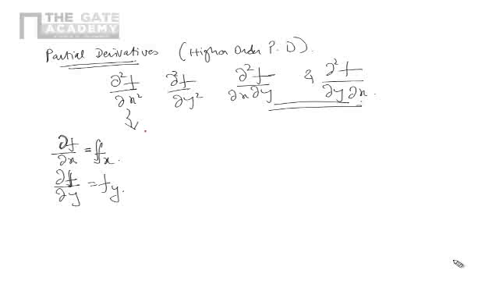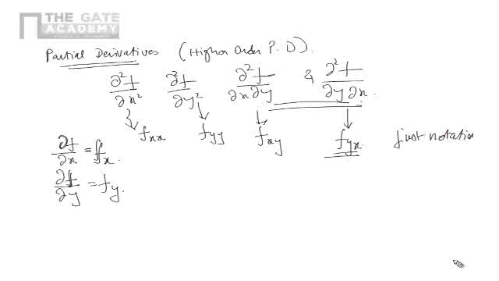Dou square f by dou x square I will call it as fxx. Dou square f by dou y square I will call it as fyy. No surprises for guessing, it will be fxy and this will be fyx. These are just notations used in many books also, so let us use the same notations.